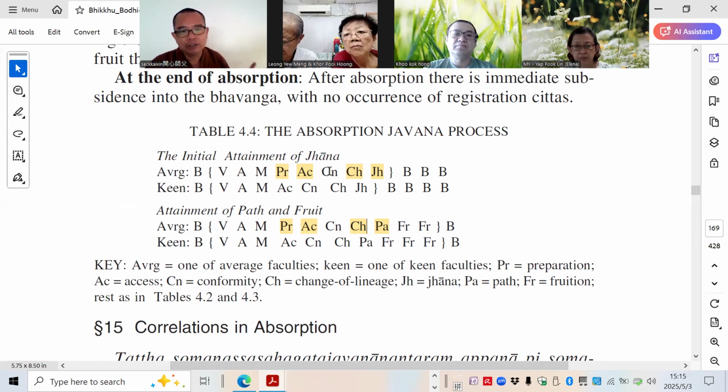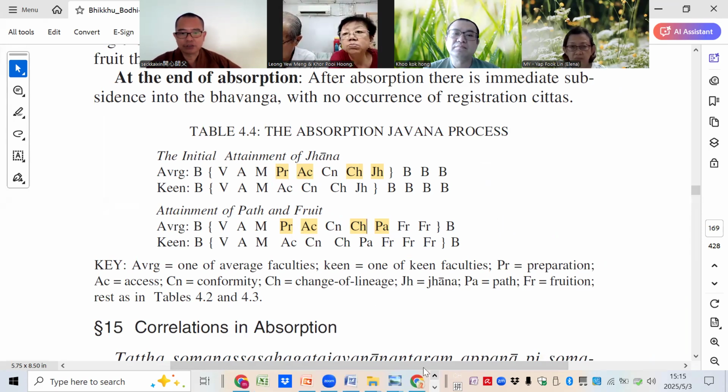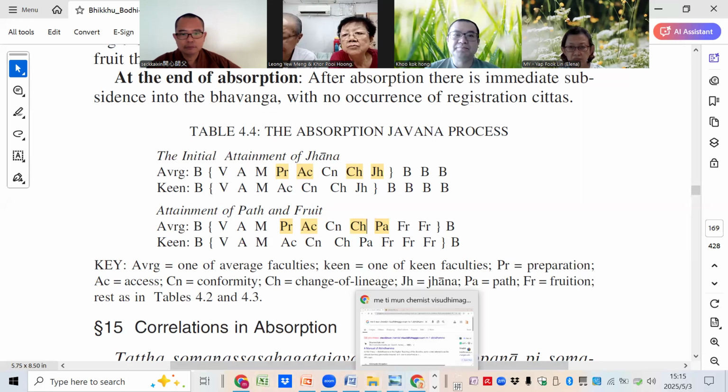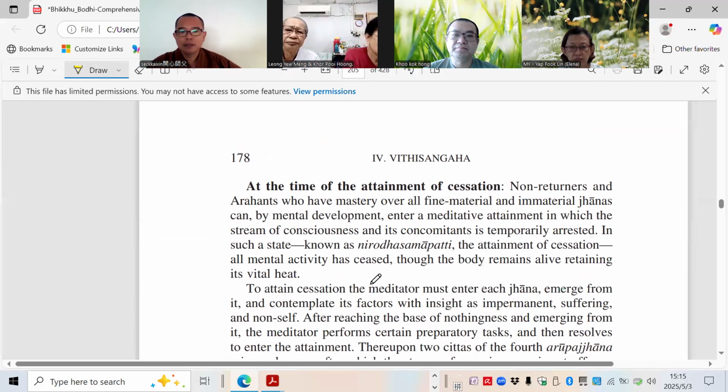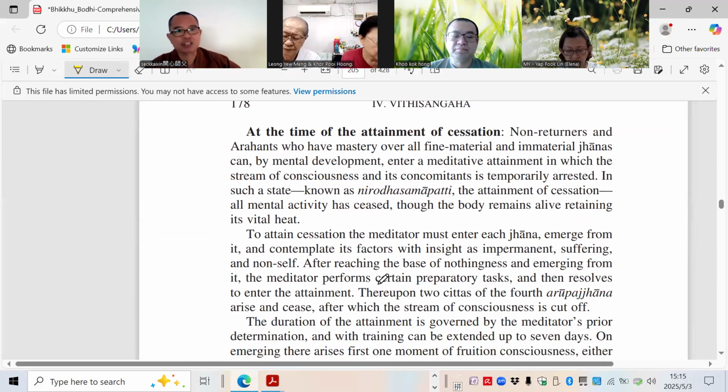Conformity is nothing, you just follow the next one, following the preceding front one, that we call conformity. That's all. Okay. So this is what we know. Okay, let's continue. At the time of the attainment of cessation, Sally, can you please read the passage?